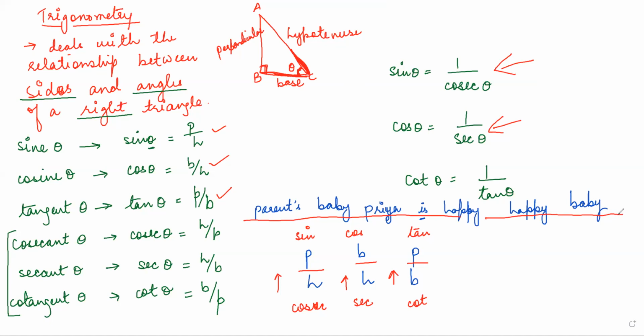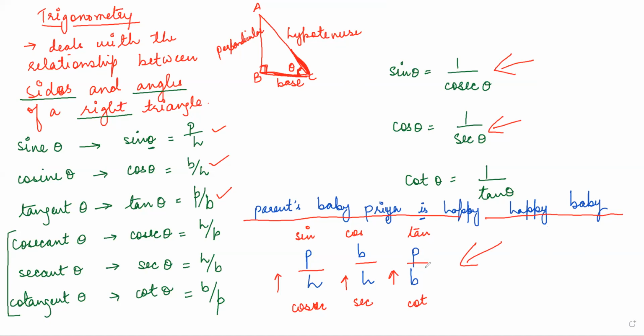Whenever you have a question, first quickly write this table at the corner, and then use it in your questions. I think this sentence is easy: parents, baby, Priya is happy, happy baby. This way you can remember it.